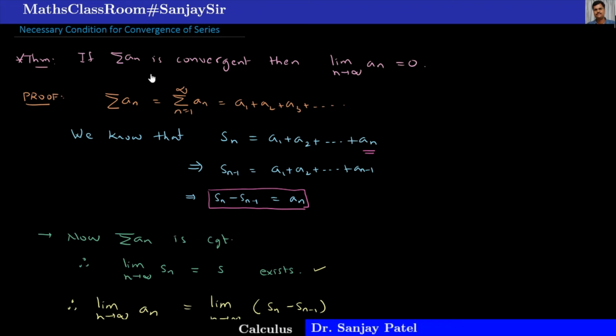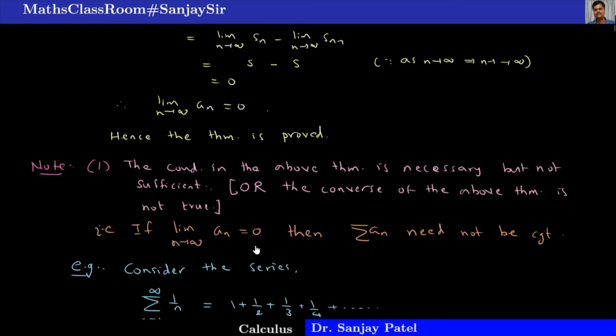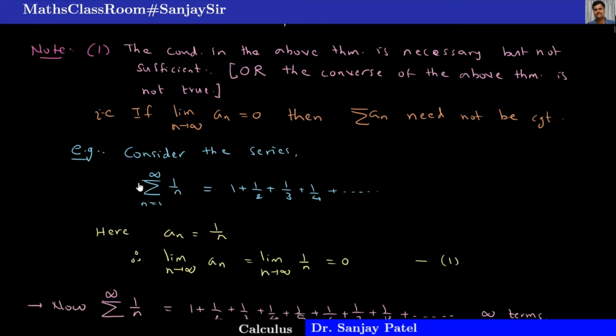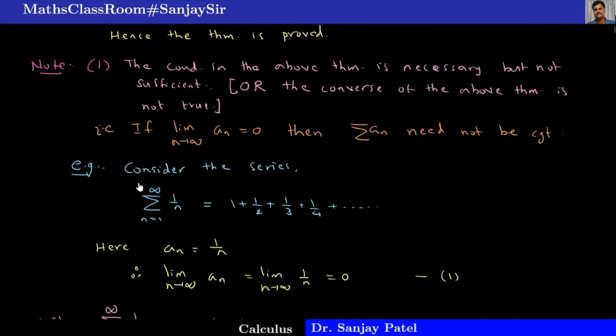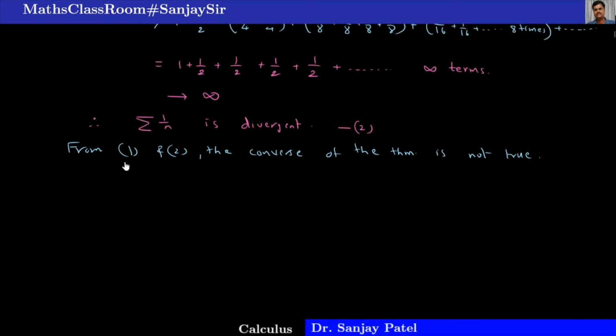So given a series sigma an, if limit of an is 0, we cannot conclude that the series will be convergent. But the use of this result is in order to prove a given series is divergent, and I will show you how. That is very, very interesting and based on simple mathematical logic.